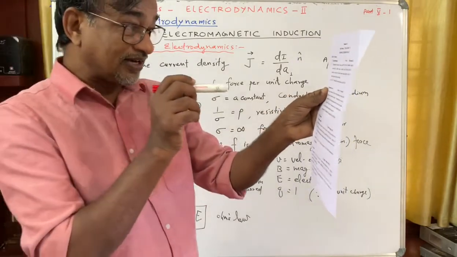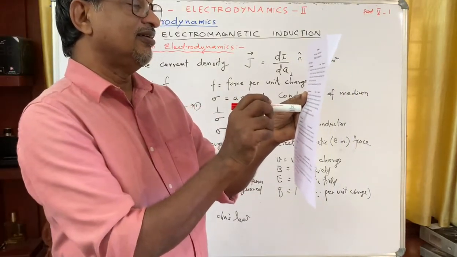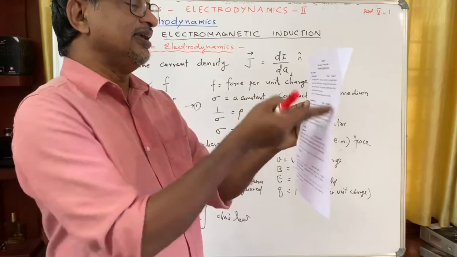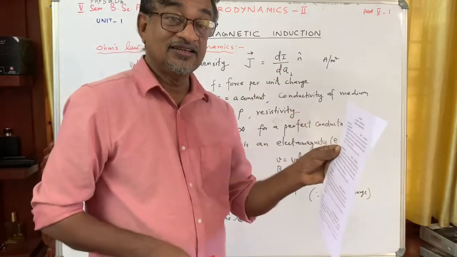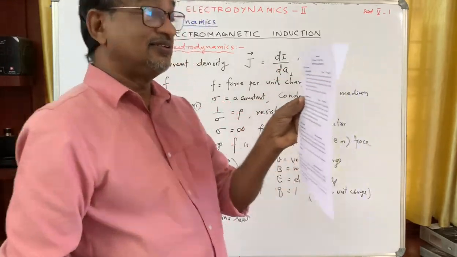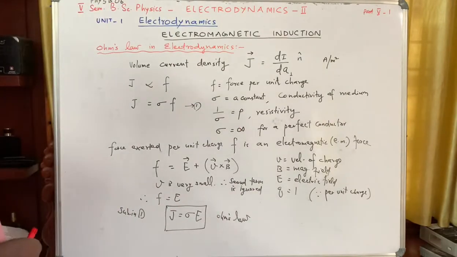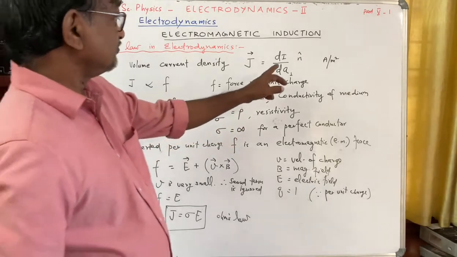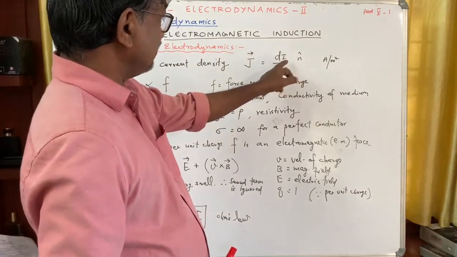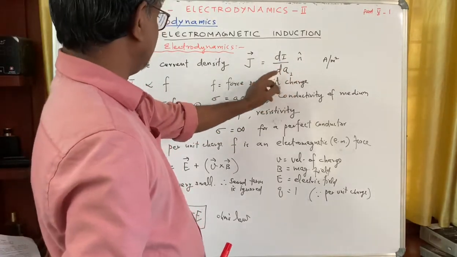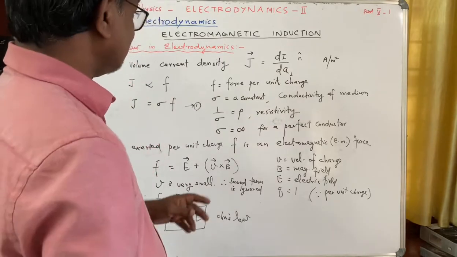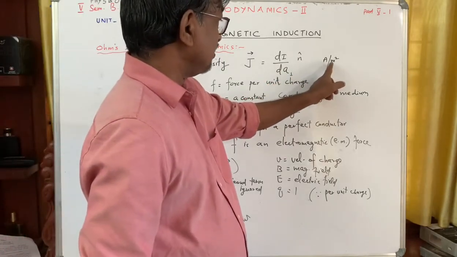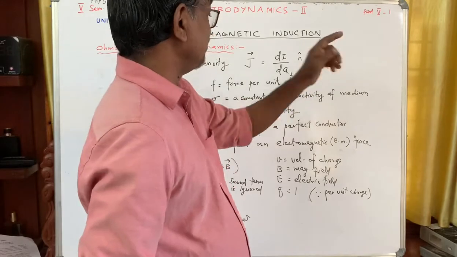So, the element of current flowing dI divided by the area facing the current, dA perpendicular, that is J. So, it is actually the current per unit area, and its unit becomes ampere per meter square.